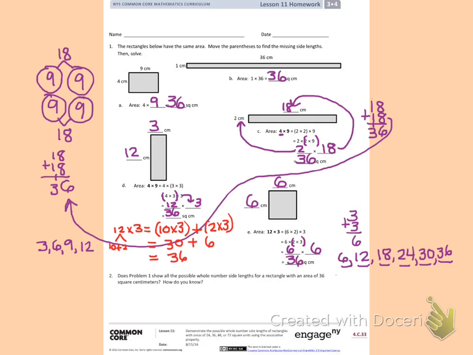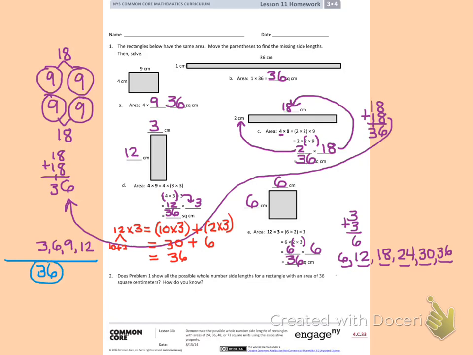Problem 2. Does problem 1 show all the possible whole number side lengths for a rectangle with an area of 36 square centimeters? How do you know? Well, in order to figure out if all of the possible whole number side lengths have been utilized, I'm going to go ahead and make a chart for the number 36.